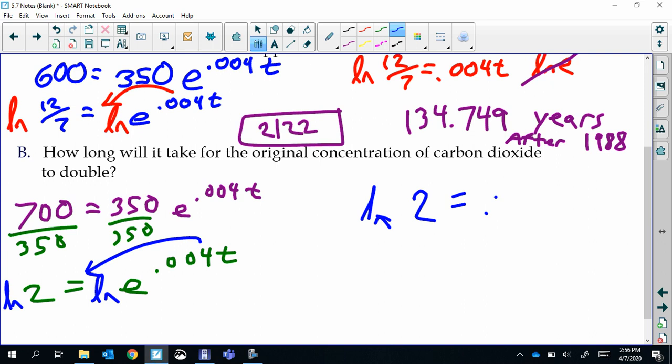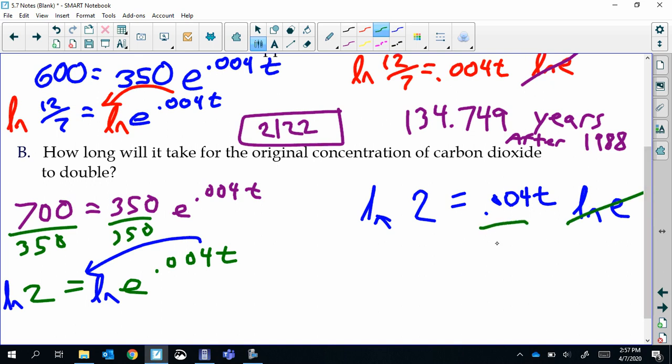equals 0.004t natural log e. Again, natural log of e is always 1. It cancels out.